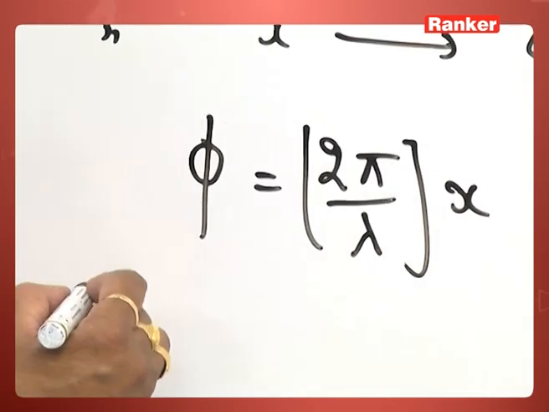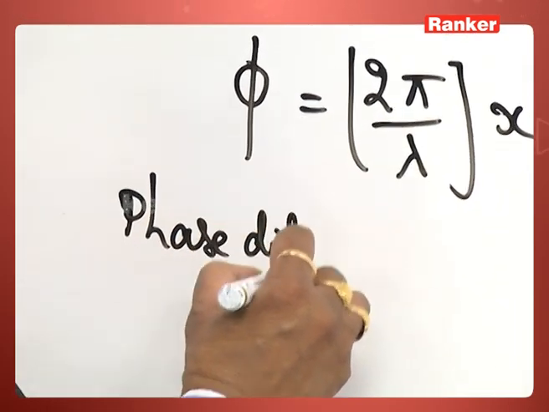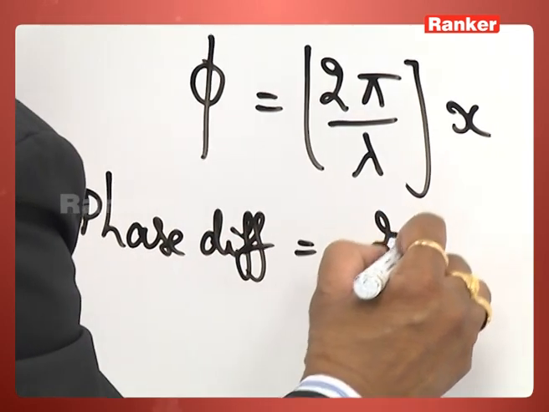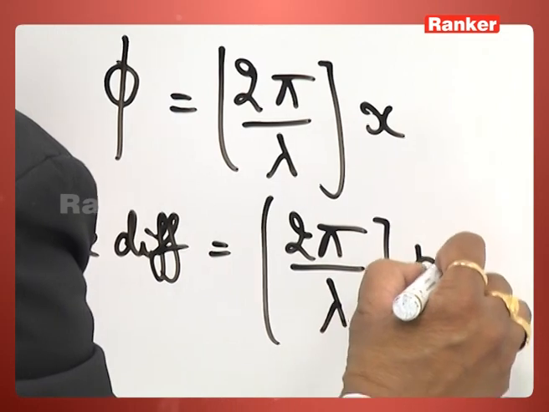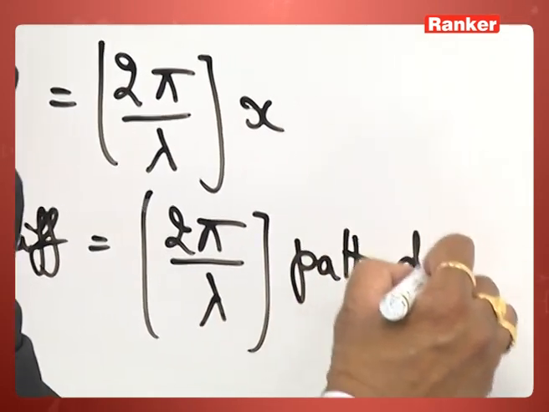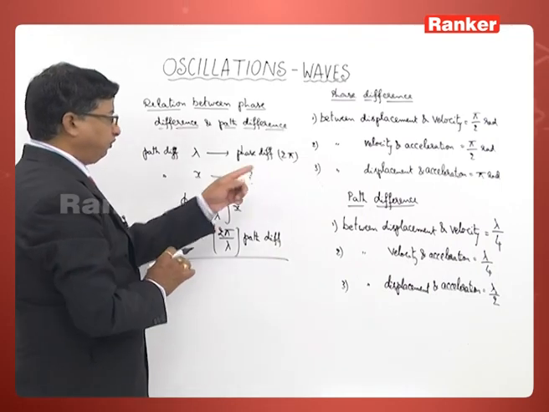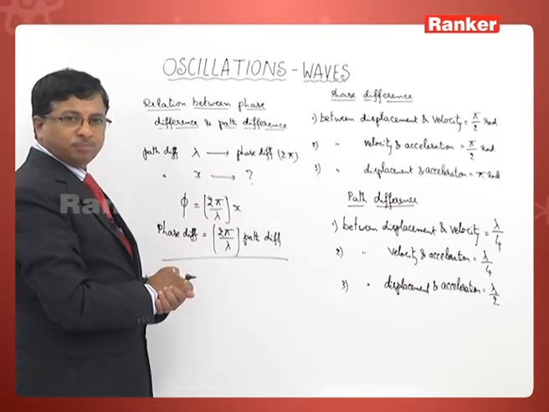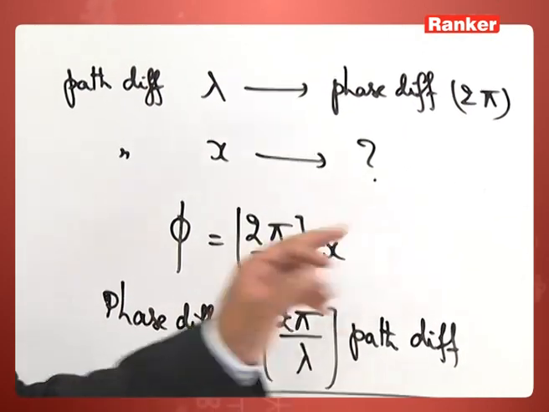So, what is this phi now to be called? It is phase difference is equal to 2 pi by lambda into path difference. That is actually the relation between phase difference and path difference. So, phi is equal to 2 pi by lambda into x.